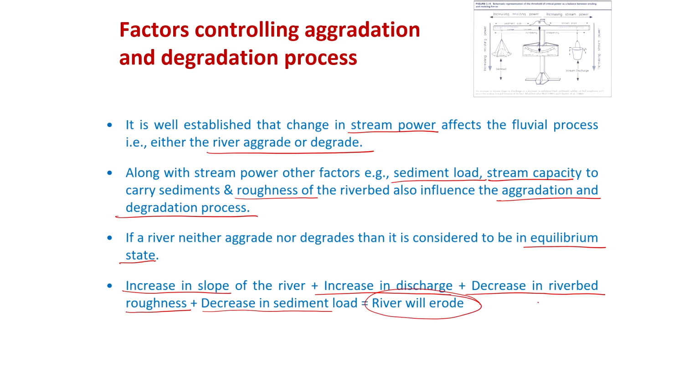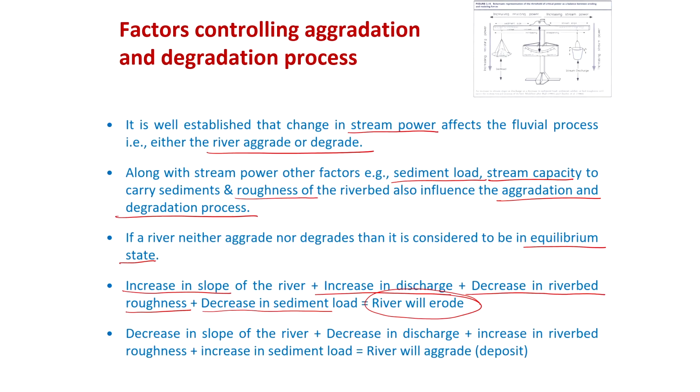So that means it has less resistance, discharge is more, but sediment bed load is not there that much. Slope is also increased, because if you increase the slope, discharge will also increase and velocity increases. That will result in the river eroding.